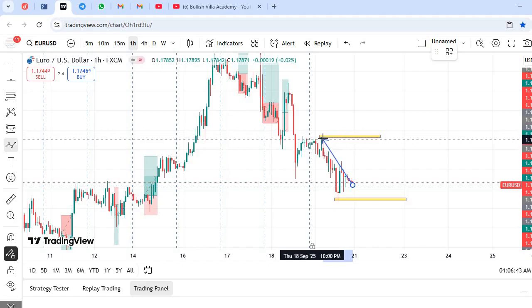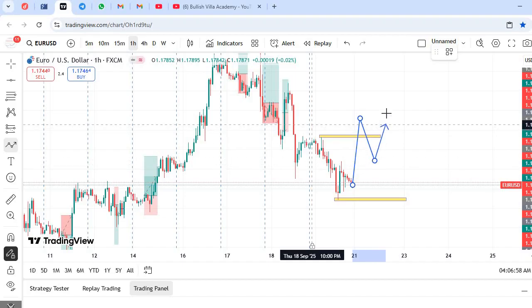Once we have the price coming to take out this last high, and we have a reversal that didn't take out this low here, and instead gets here and it starts going up, then I might want to take a buy on this trade.